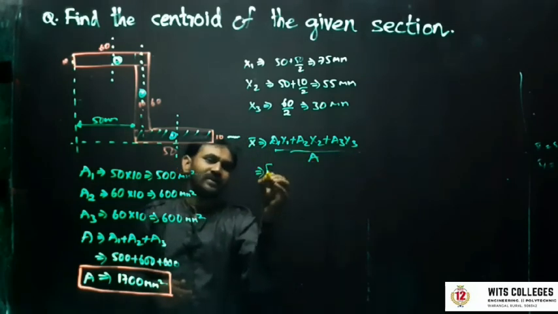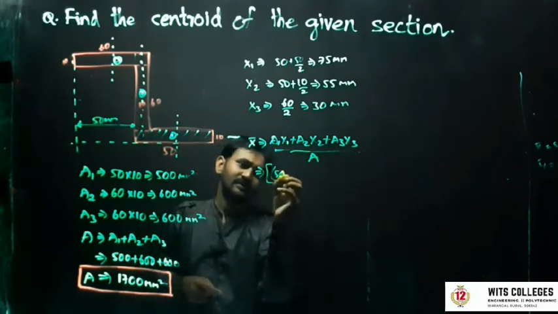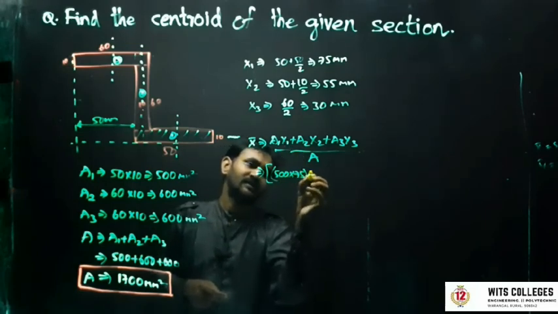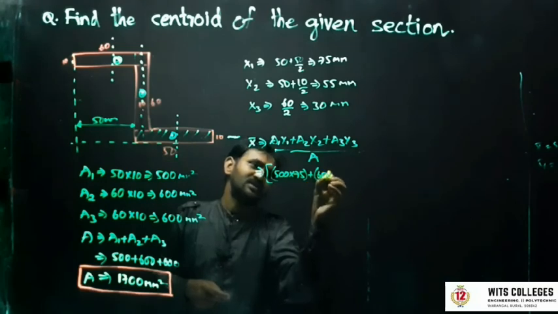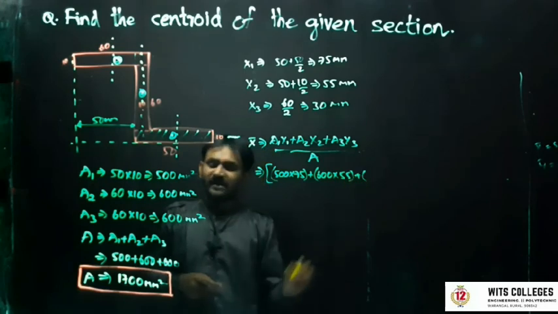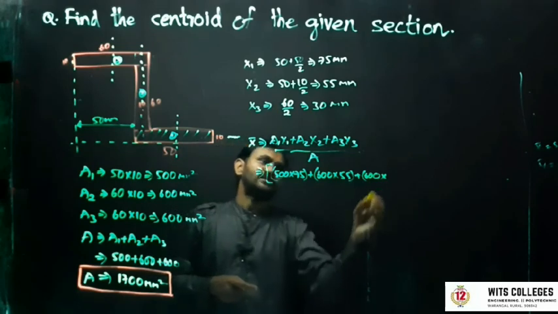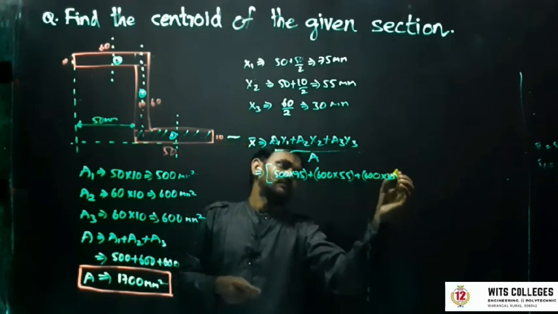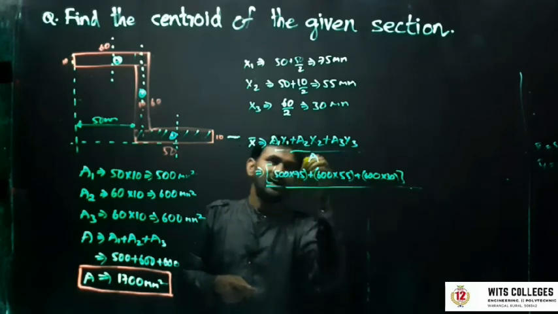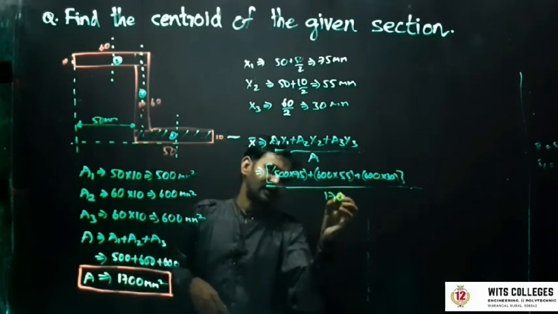Where A1 equal to 500 into x1 equal to 75, plus A2 equal to 600 into x2 equal to 55 mm, plus A3 equal to 600 into x3 equal to 30 mm, divided by the capital A area, which is 1700.